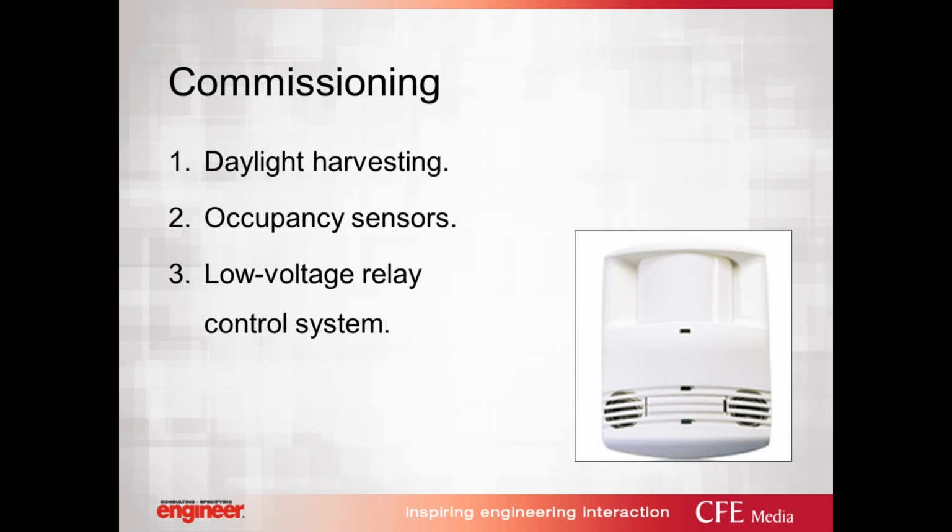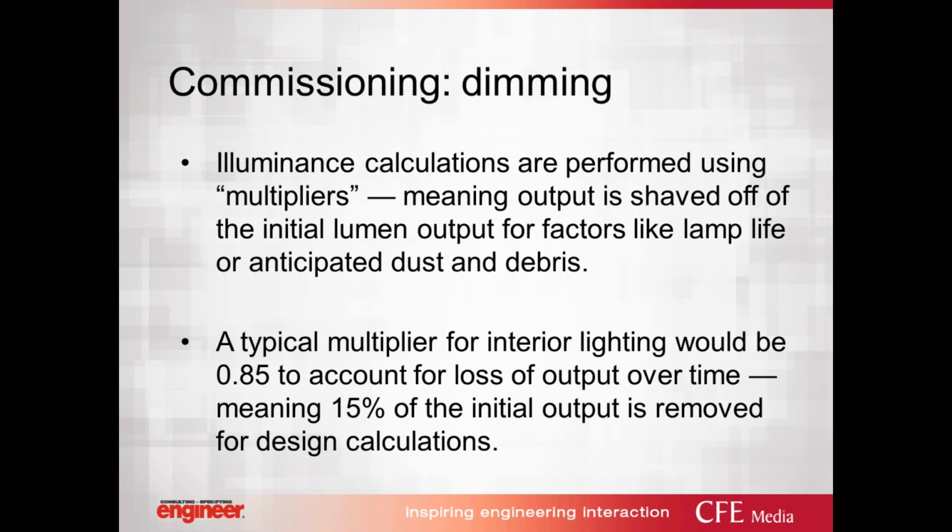Some examples of commissioning of sensors: daylight harvest sensors, where they will automatically dim artificial lighting when there's natural daylight; occupancy sensors, which we went over an example of; and a low voltage relay control system, which is like a time of day shut off. Next, Barrett will talk on dimming for commissioning.